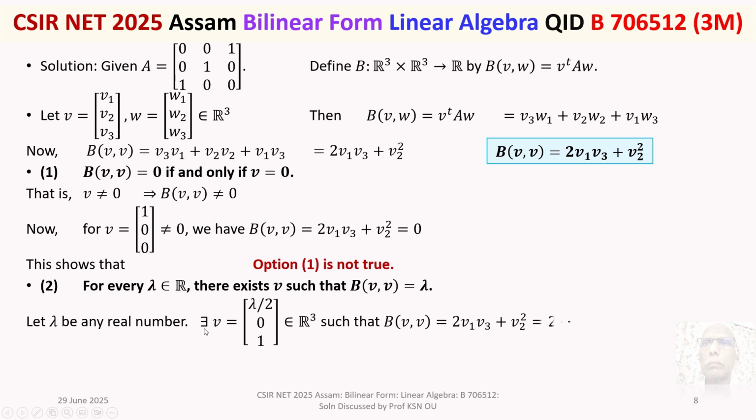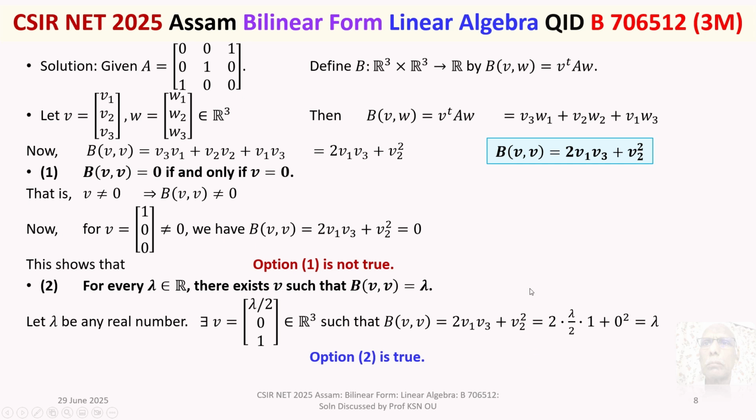There exists a V equal to column vector lambda by 2, 0, 1 belongs to R cube, such that B of V comma V is equal to 2 V1 V3, 2 into lambda by 2 into 1, plus V2 square, that is 0 square, that is lambda. So thus for every lambda belongs to R, there exists a V such that B of V comma V is equal to lambda. Thus option 2 is true.